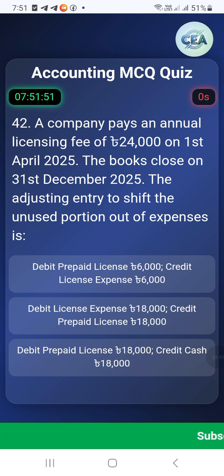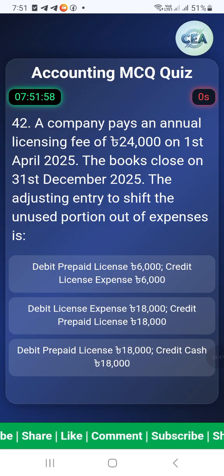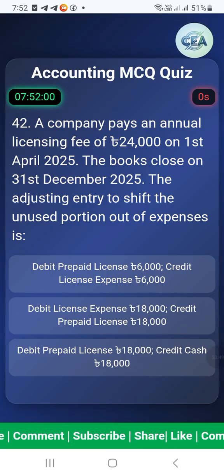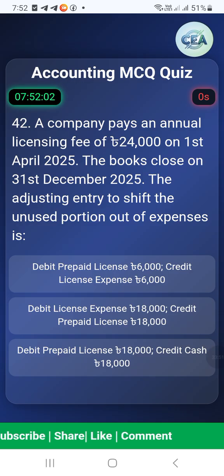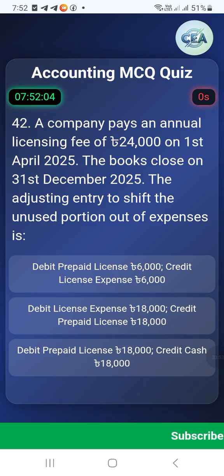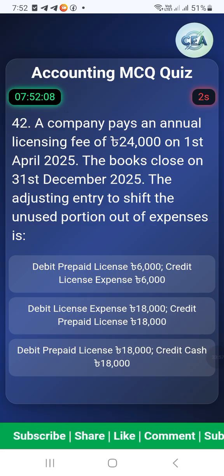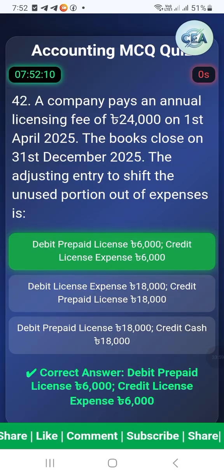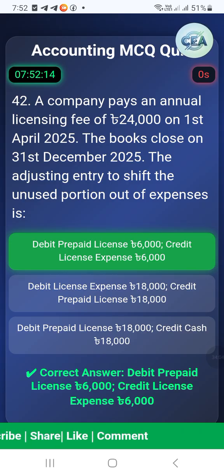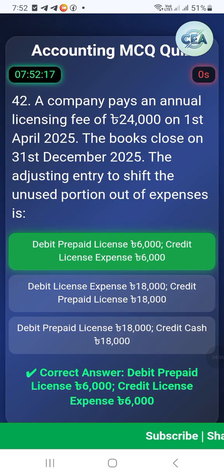Debit license expense 18,000 takas, credit prepaid license 18,000 takas. Option 3. Debit prepaid license 18,000 takas, credit cash 18,000 takas. Correct answer is debit prepaid license 6,000 takas, credit license expense 6,000 takas.